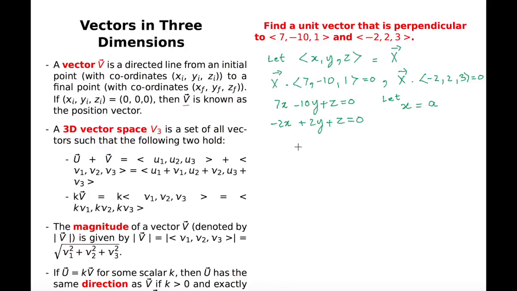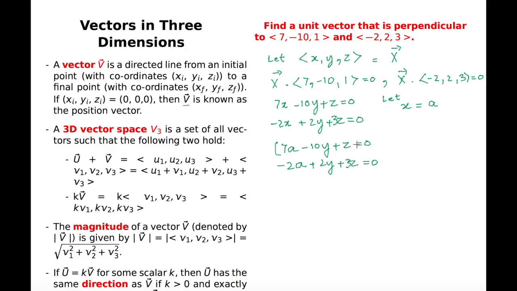So then we have the equations as 7a minus 10y plus z is equal to 0, and negative 2a plus 2y plus 3z is equal to 0. So now it's a matter of finding y in terms of a and z in terms of a. Okay, so now what do we do? Now this is not z, this is 3z.